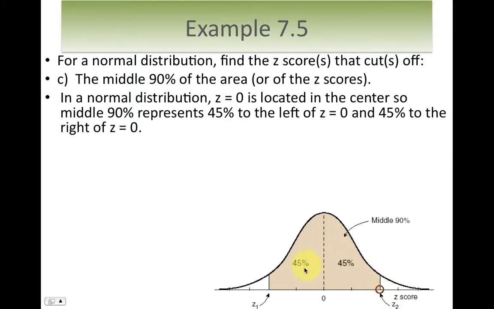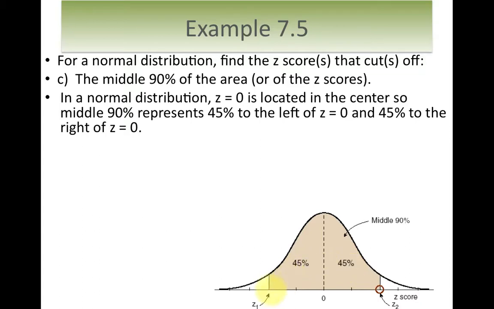In the center, the middle 90 looks like this. Because it's the middle 90, it's got exactly 45% of that to the left of 0 and 45% of that to the right of 0. So if we cut 90 in half, we have 45 and 45.